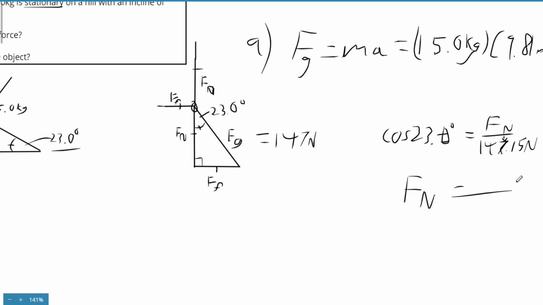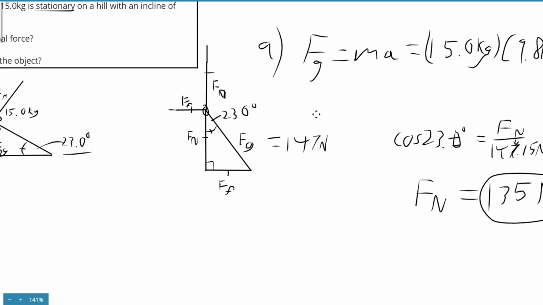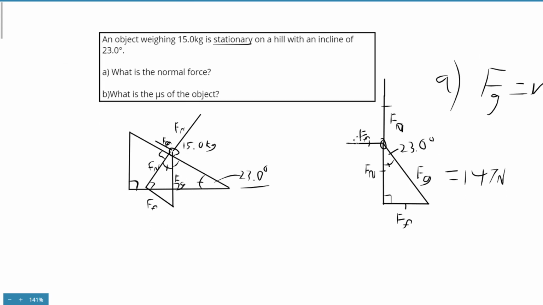That gives us 135.45. We don't need to use this value again, so we can round it straight away to 3 sig figs. 135 newtons. Yeah, and that is our answer for question A.